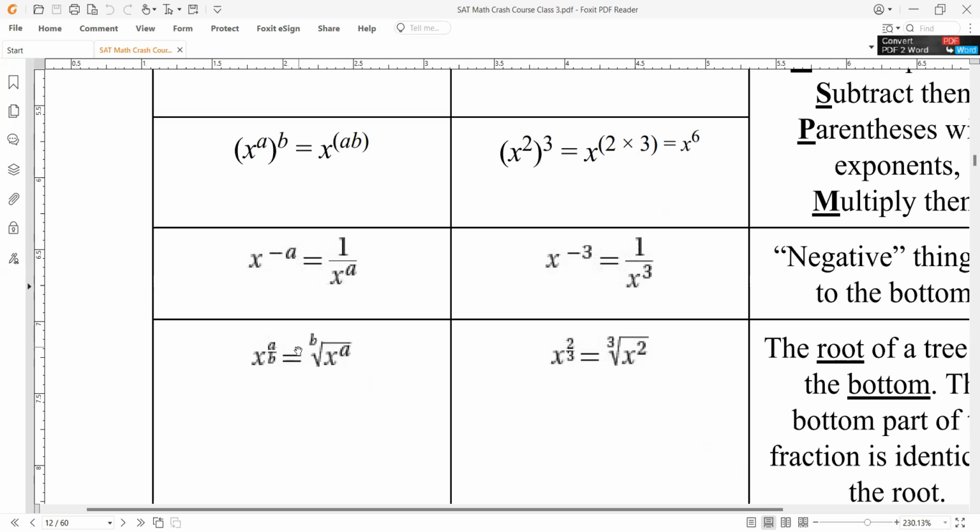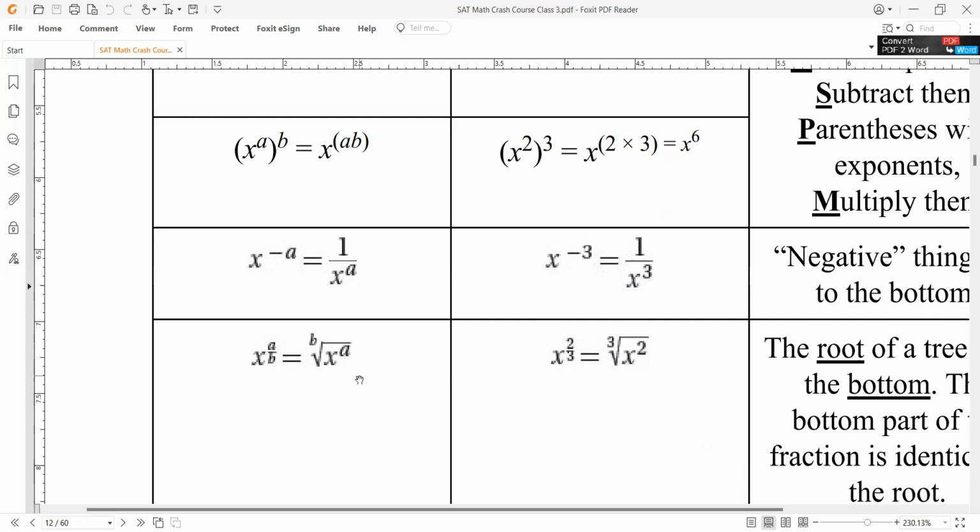Whenever you see any kind of term written in the numerator, if the exponent or power looks like a fraction, because here x to the power a by b is just like a fraction, you can definitely be assured that the denominator, here b, will be the root.